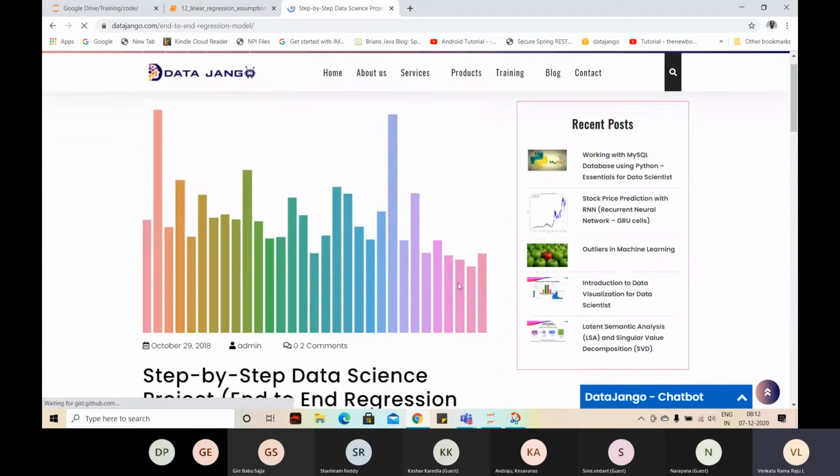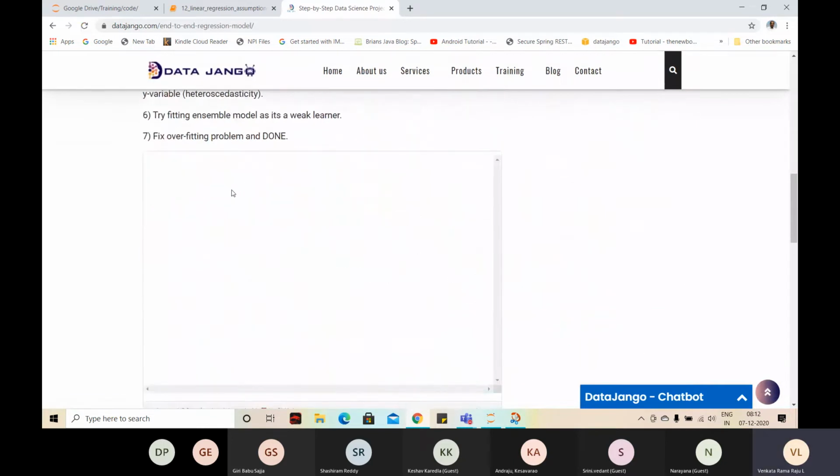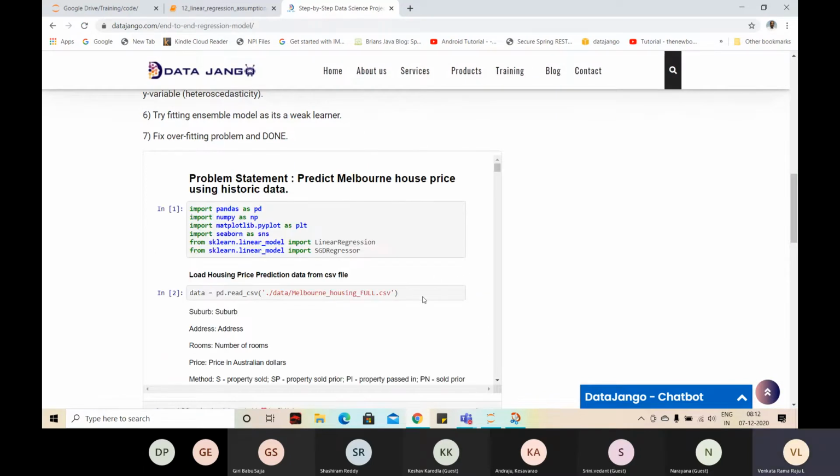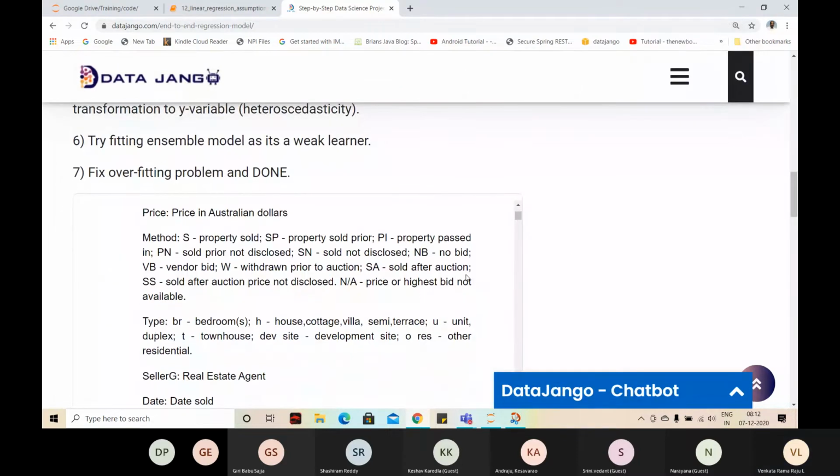Generally, data sets will not show you the heteroskedasticity behavior. This is from GitHub. It will take some time to load.